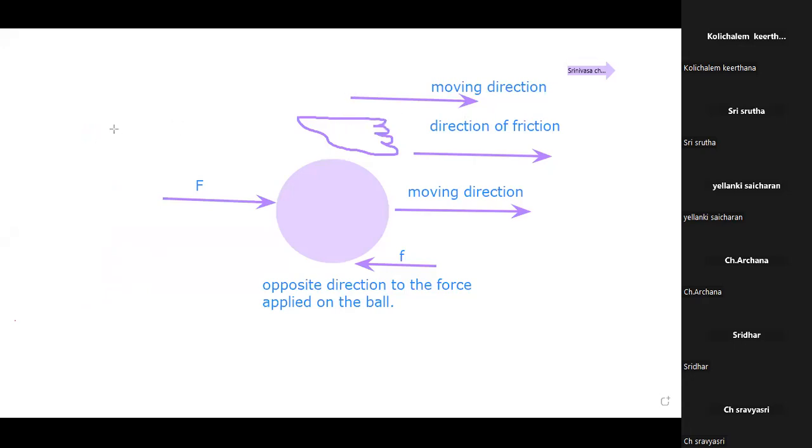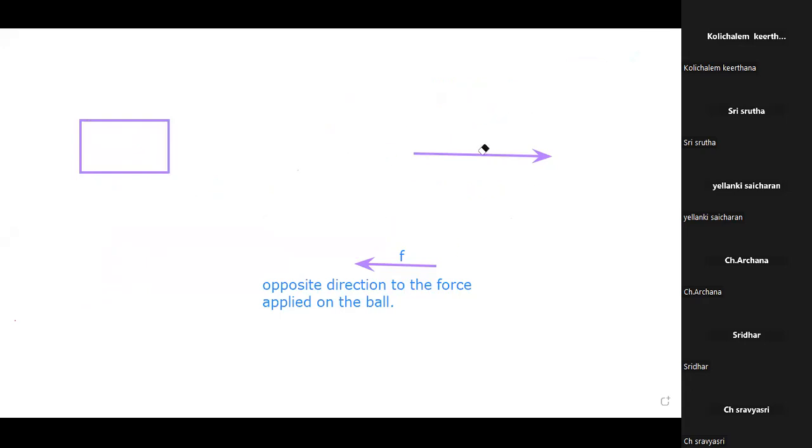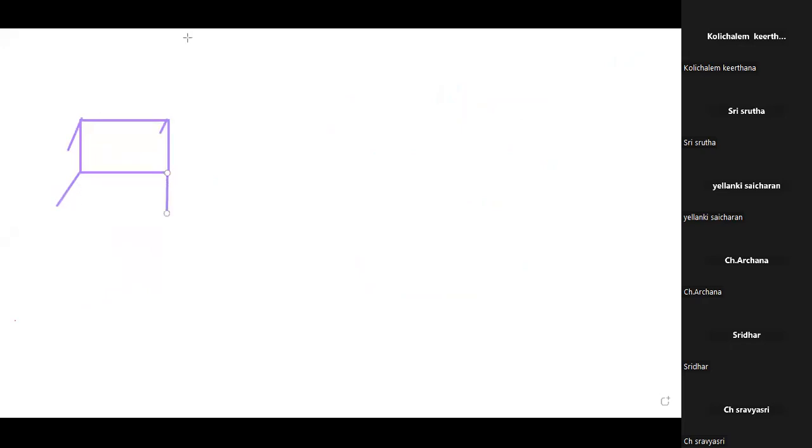You see here a table. A table is there here. So on the table, one book is placed.